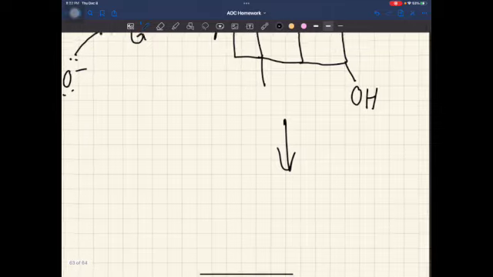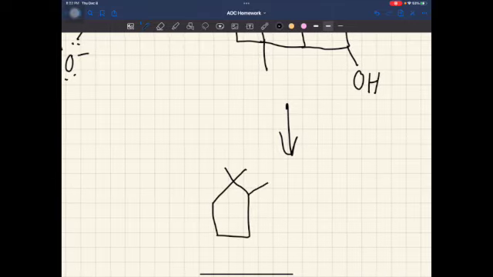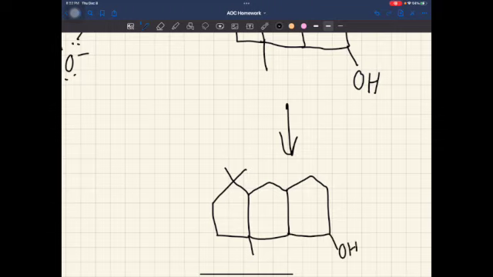So we're going to produce our structure that looks like this. Double bond, and we have our O minus here.